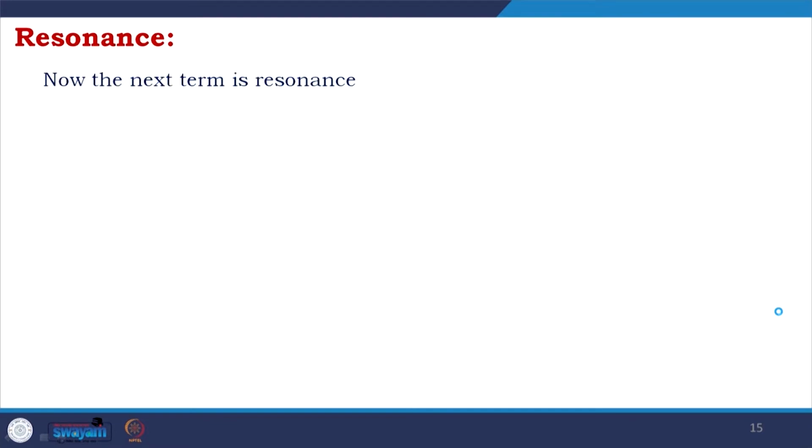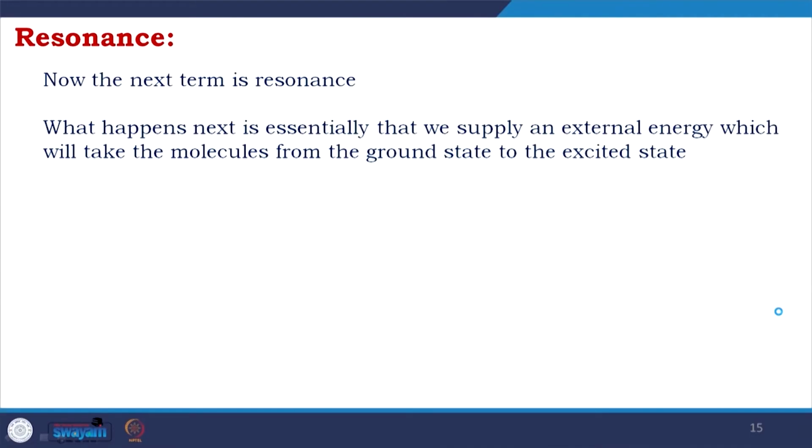Now, the next term is resonance. So, we talked about nuclei, we talked about magnet, and now it is resonance. What happens next is essentially that we supply an external energy which will take the molecules from the ground state to the excited state.